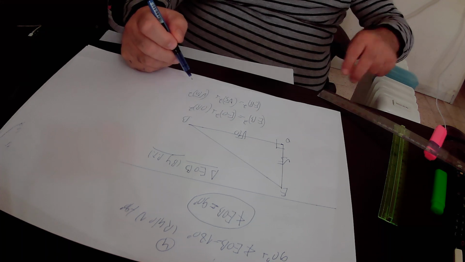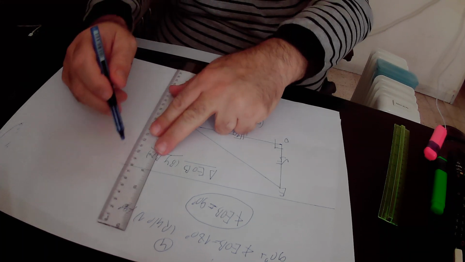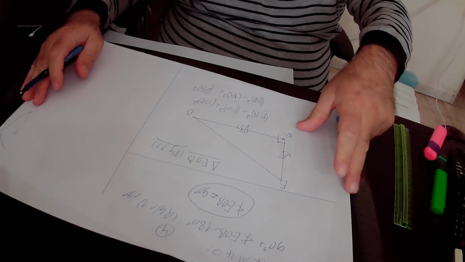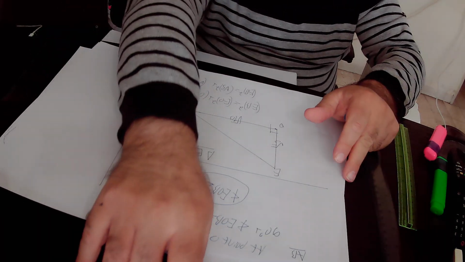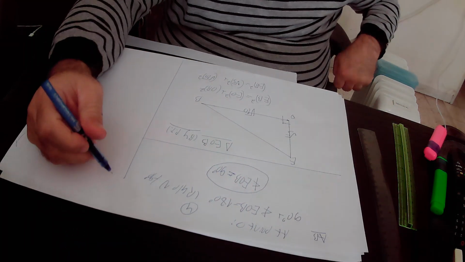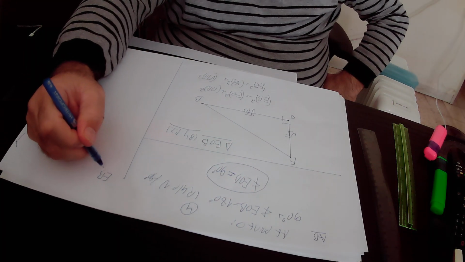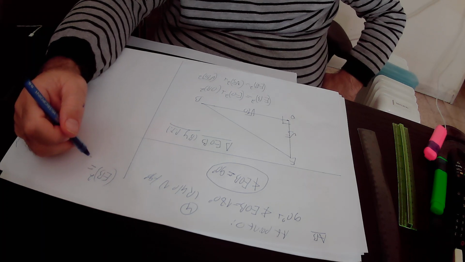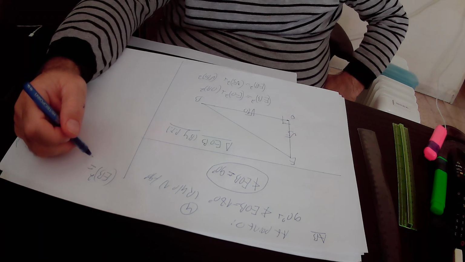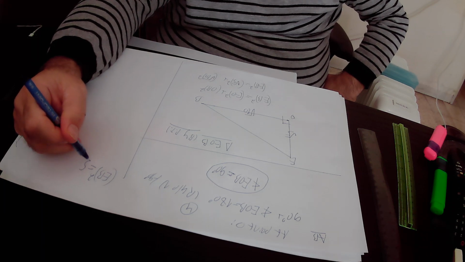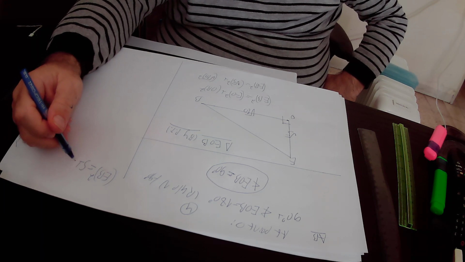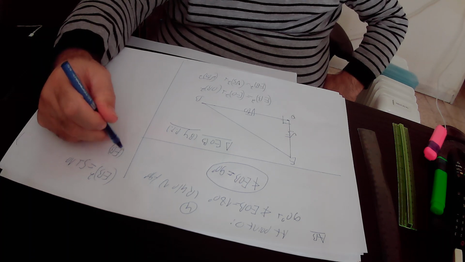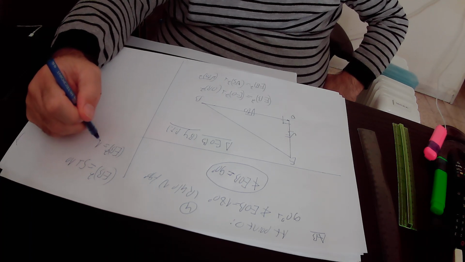So in conclusion, EB squared equals the square root of 5 squared, which is of course 5, plus the square root of 10 squared, which is 10. That is to say, EB square equals 5 plus 10, that is 15.